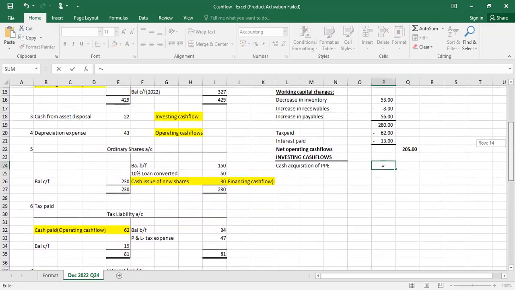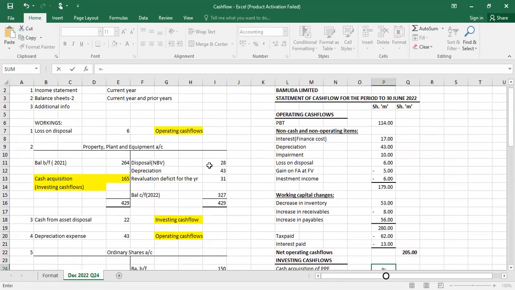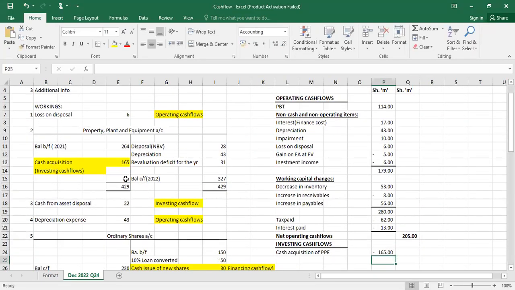The PPE acquired in cash was in working number 2. Working number 2, we computed 165. Please note that that's a minus because that money we have paid out.